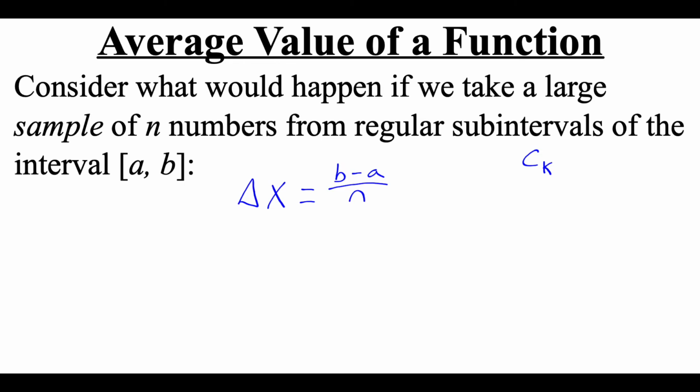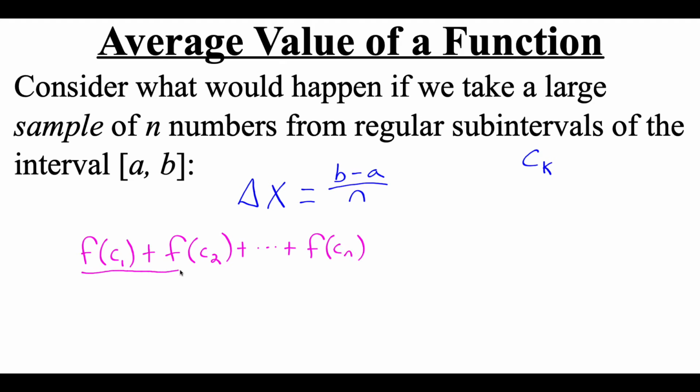Now, if we were actually doing the averaging, we would find the function value at our first c value, then add on the function value at our second c value, and keep adding these function values together until we get all the way out to the nth c value.